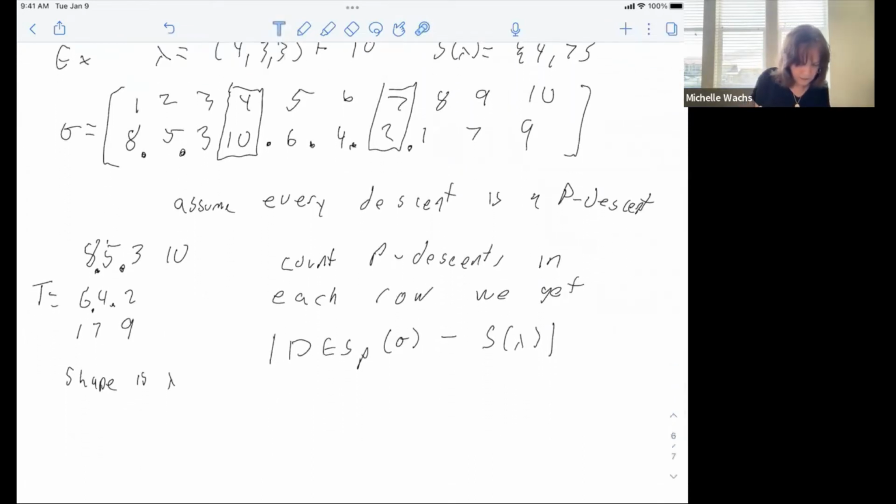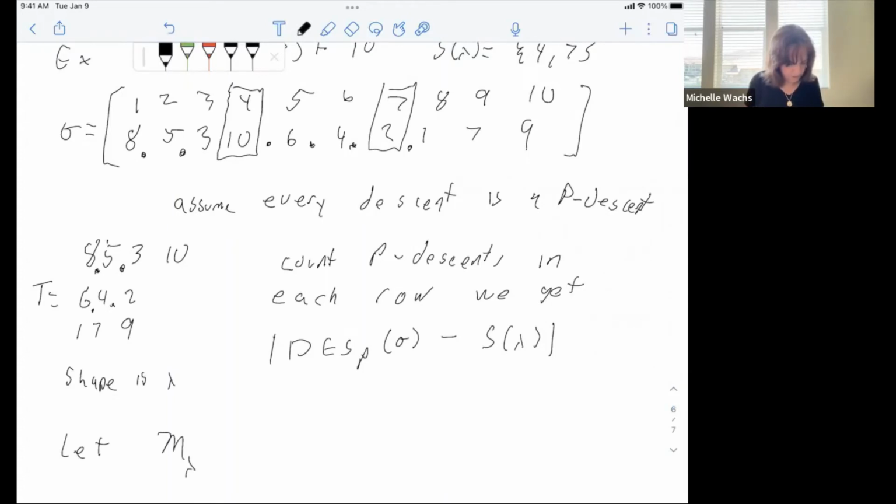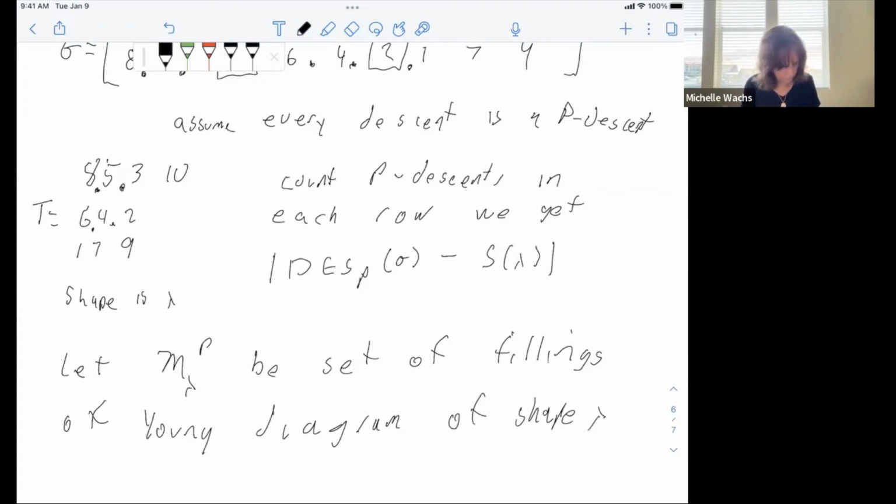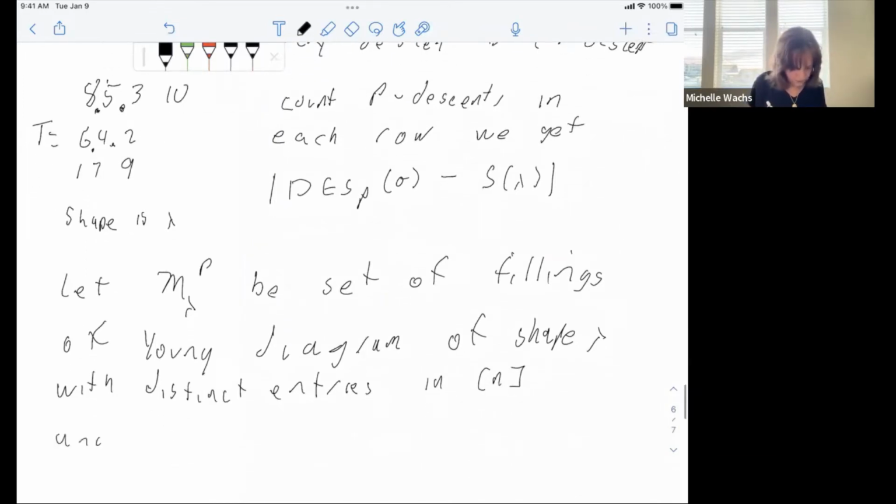So now let M lambda P be the set of fillings or tableaux of Young diagram of shape lambda with distinct entries in N and with P unimodal rows.